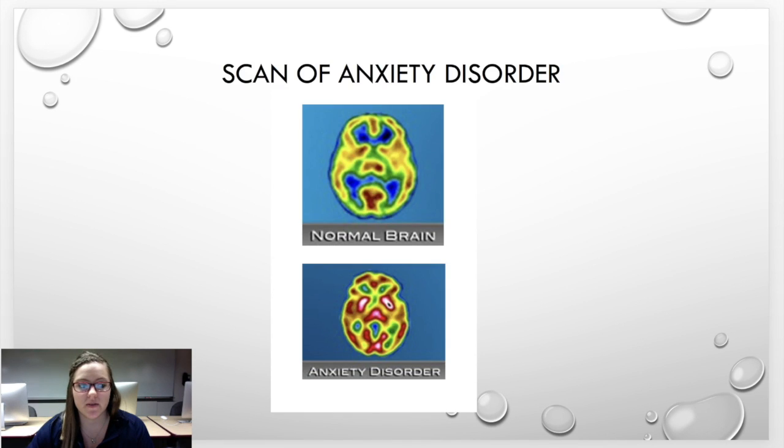You see the difference between a healthy brain and the brain of an individual who has an anxiety disorder. As you can see, the brain of the individual with an anxiety disorder looks similar to the brain with the bipolar from the previous slide. Here on the bottom, the anxiety, and then the normal brain on the top.